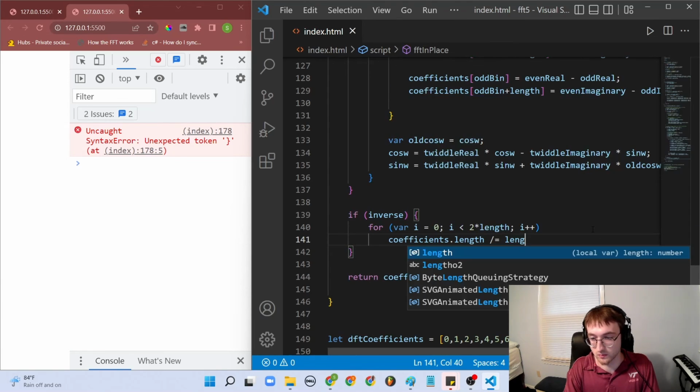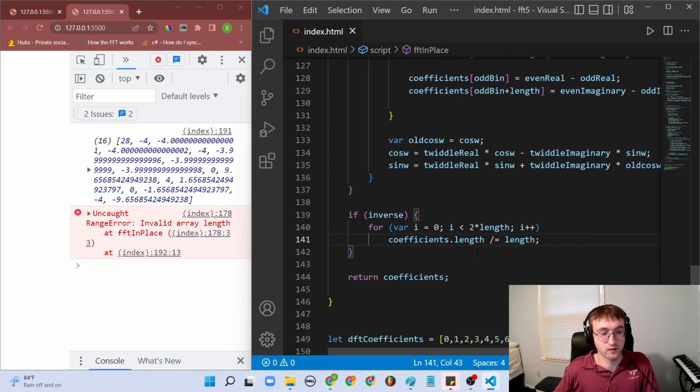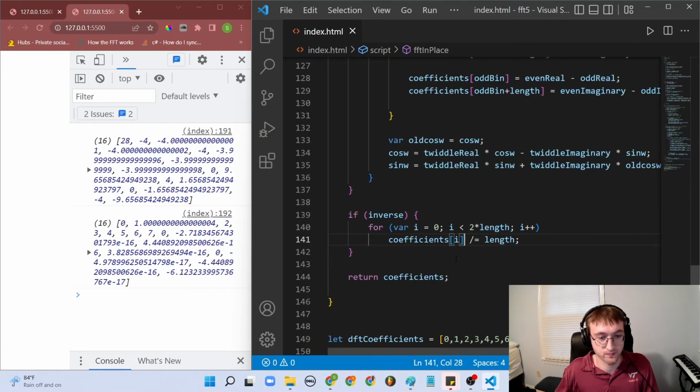Divided equals by length. Oh, whoops, why did I say that? And there we go. We got 0, 1, 2, 3, 4, 5, 6, 7, and then a bunch of essentially zeros.